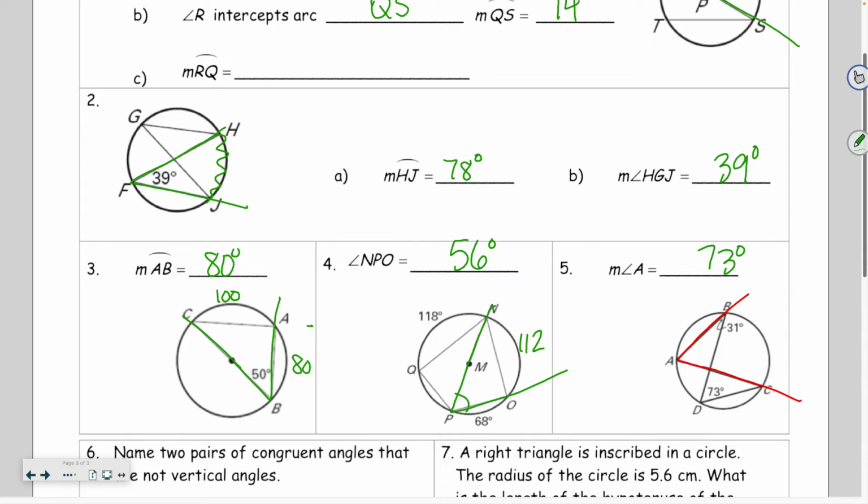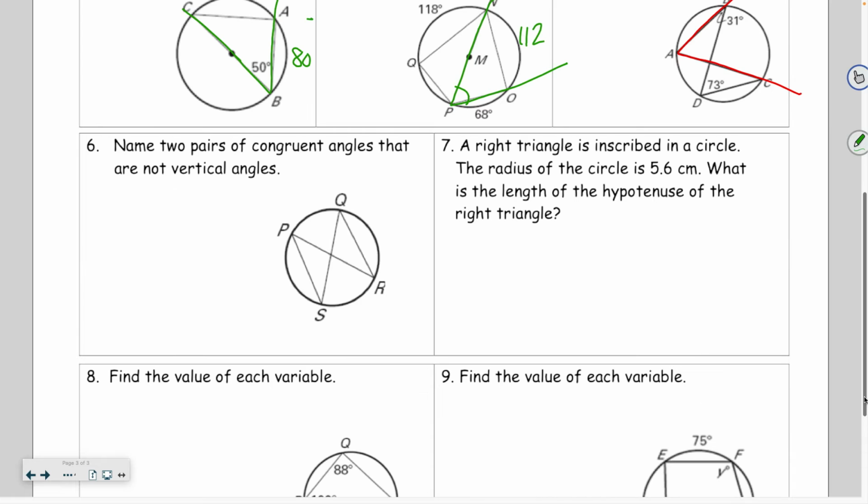I didn't know it was supposed to say something like, name 2 pairs of congruent angles that are not vertical. Give me one pair. Angle P and angle Q. Angle S and angle R.